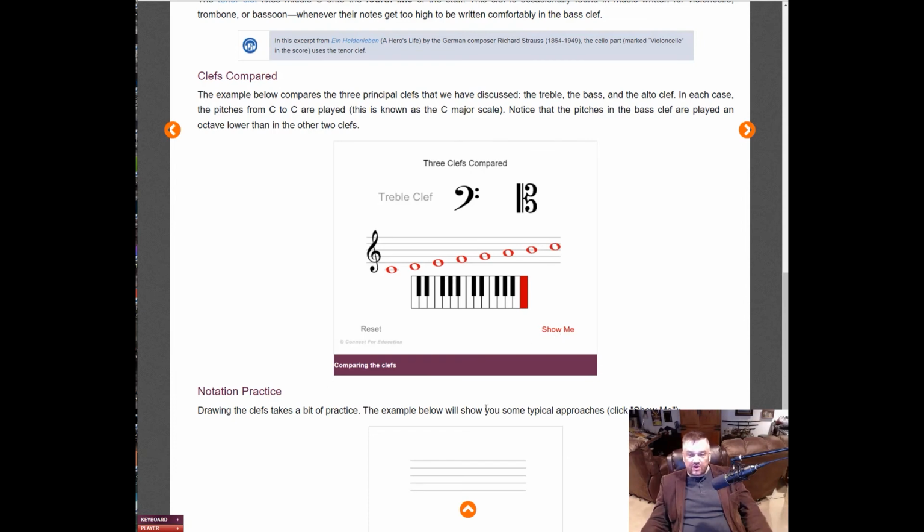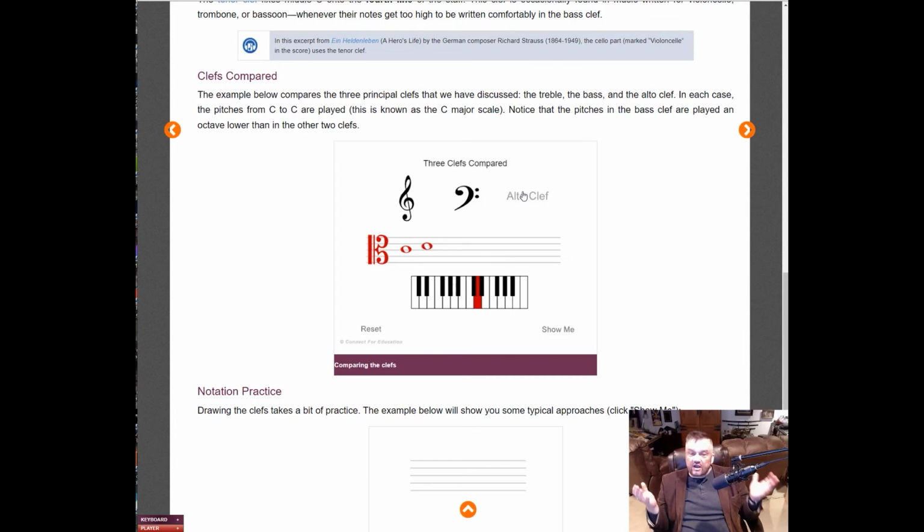Okay, so showing you where all those pitches are. Now it's going to bring up the bass clef, showing you where C is, D is, E, and so forth. Okay, you get the idea. Here's the movable clef.